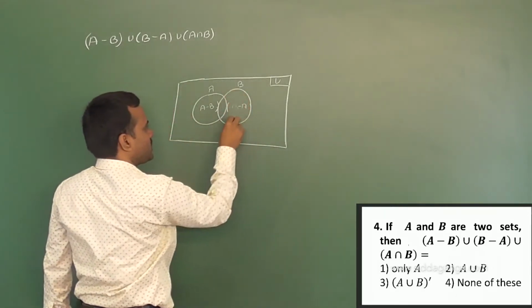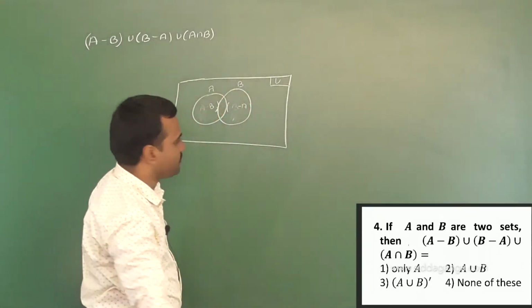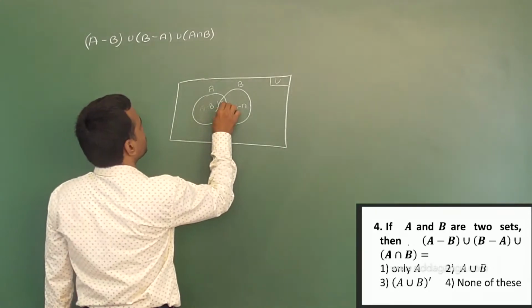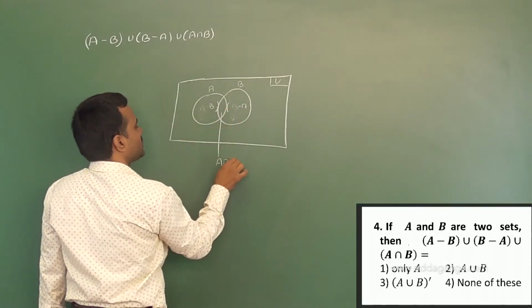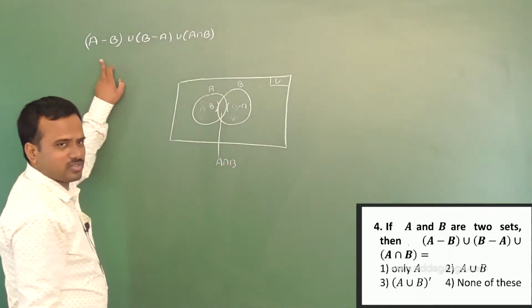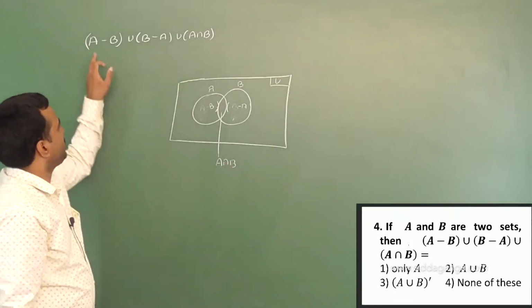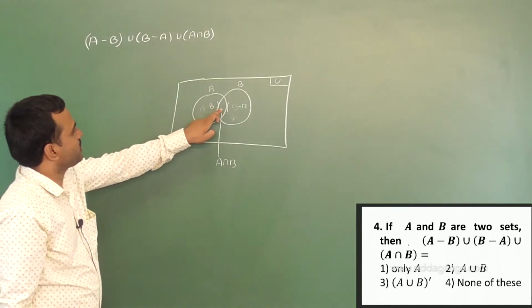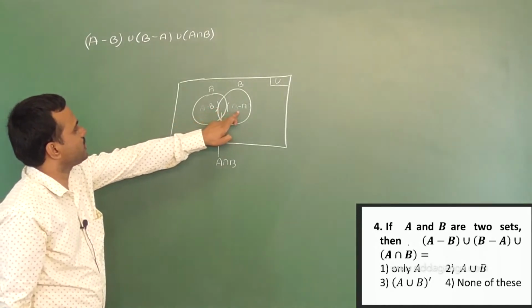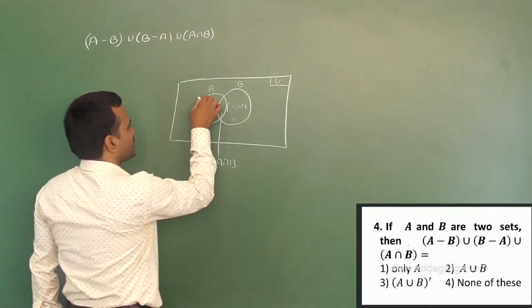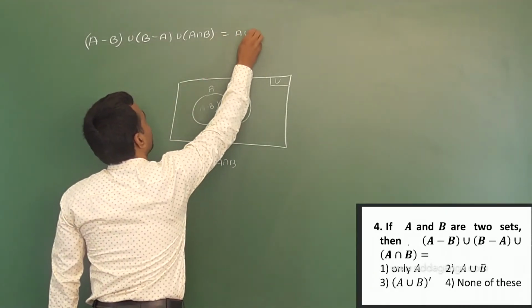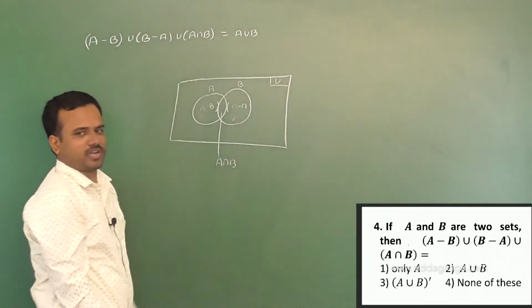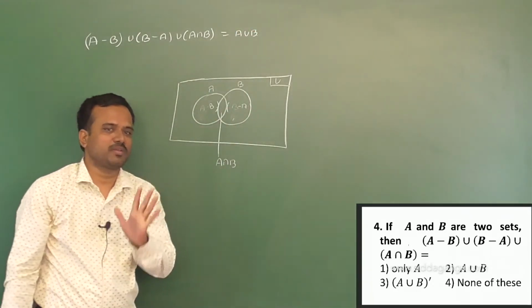This is B minus A, this is A minus B, and this is nothing but A intersection B. This region we call A intersection B. Observe, very simple method. A minus B union A intersection B union B minus A, this complete region, by observing this diagram, is exactly equal to A union B.